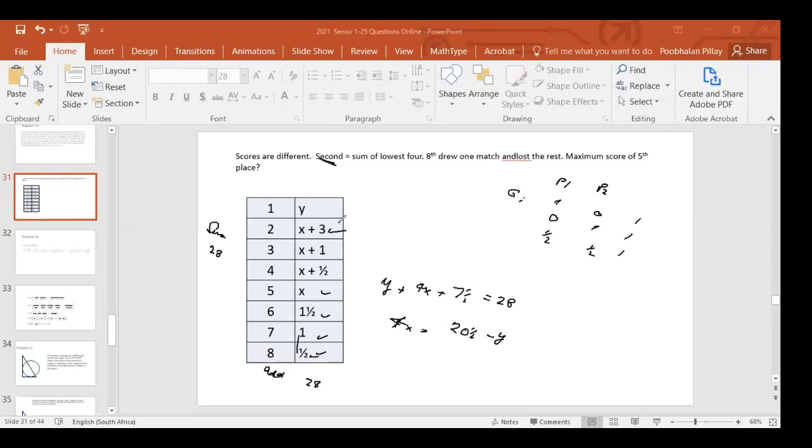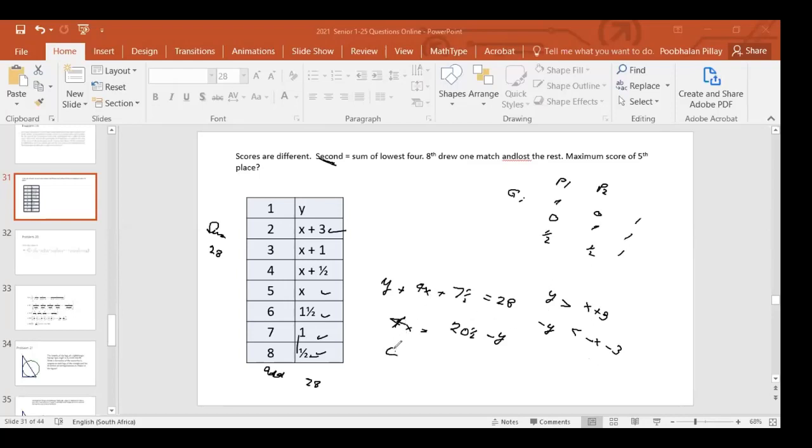Now, bear in mind that y is greater than x plus 3. Bearing that in mind, minus y, if you change the sign, is less than minus x minus 3.